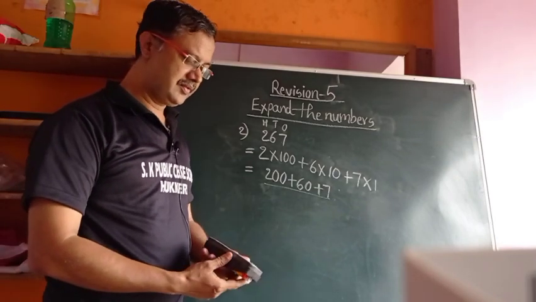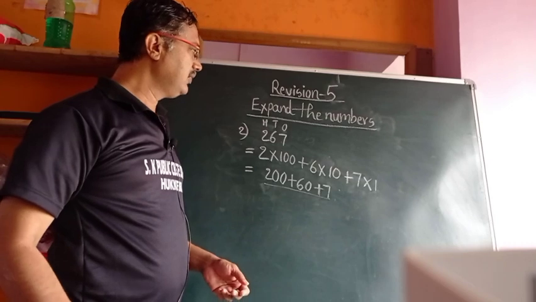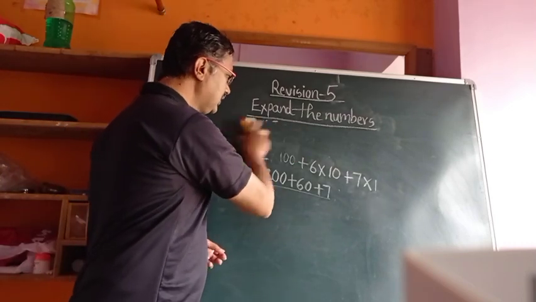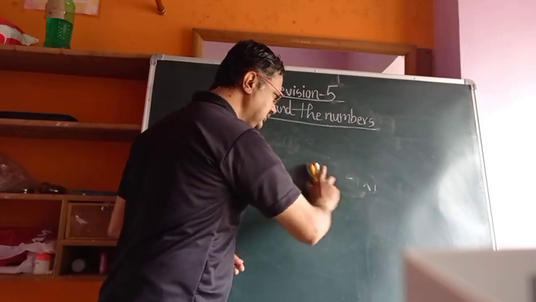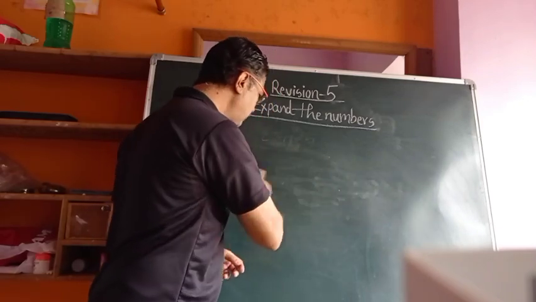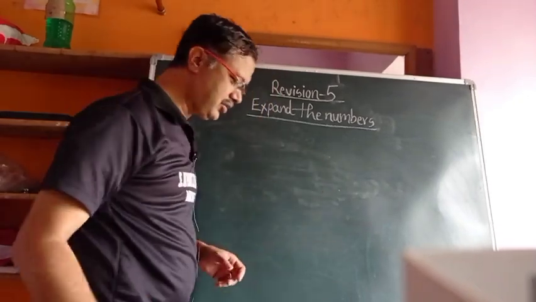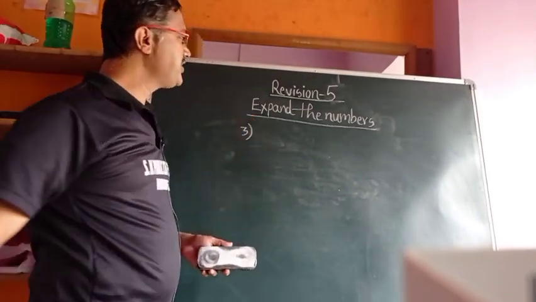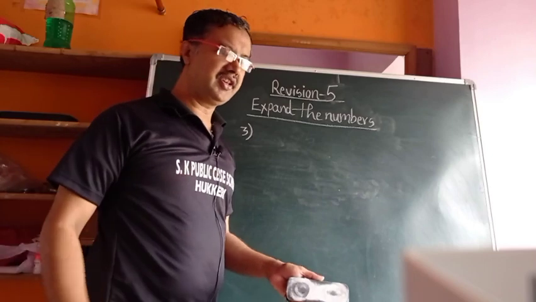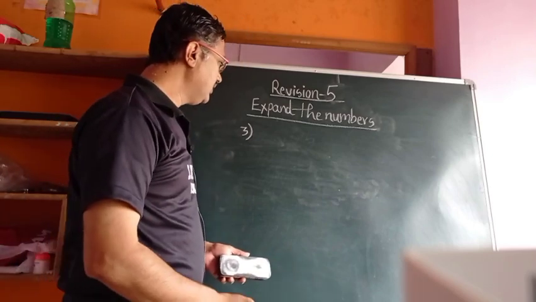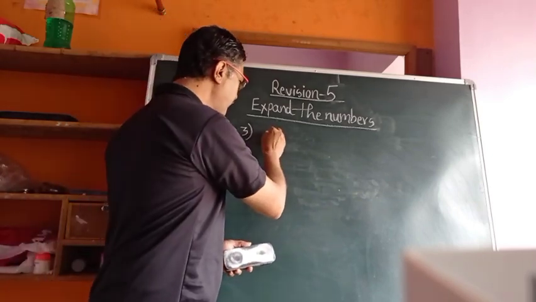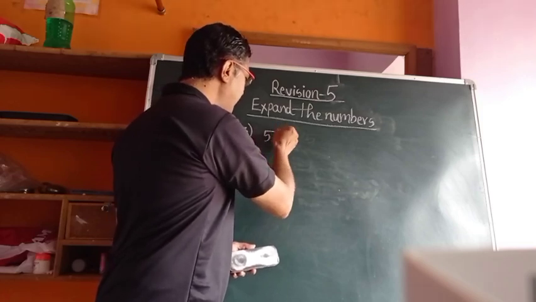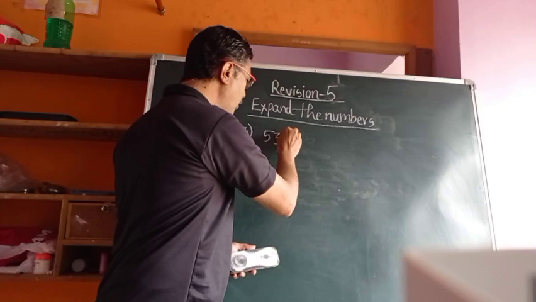Okay, copy this. Now I'll go to the next one, the third one. I'll go a little faster because you already know how to solve these problems. Now I'm just taking revision. 532.